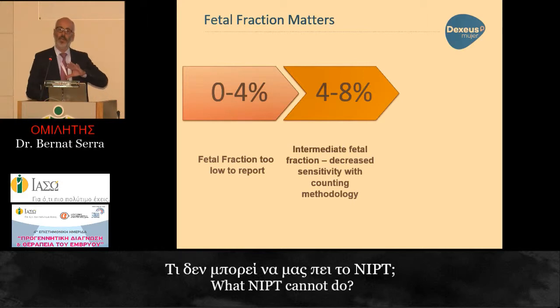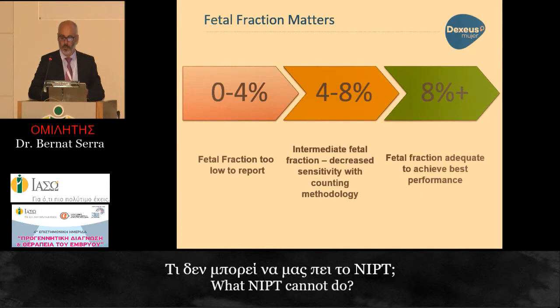So if you have an abnormal ultrasound and the NIPT using a counting method tells you it is normal, but you have an increased nuchal translucency, don't rely on the result of NIPT. And finally, if the fetal fraction is above 8%, then the fetal fraction is adequate to achieve the best performance with all the tests.